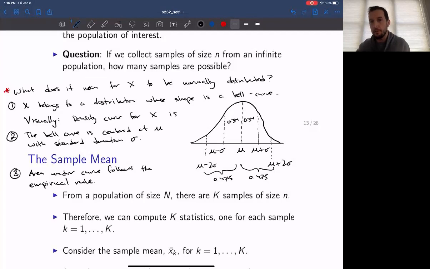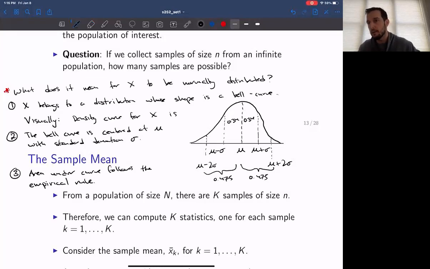Now, something being normally distributed gives us a ton of ability to work with that value. We can find specific areas underneath the curve. So we can find the probability that the random variable is going to be bigger or smaller than certain values, and we would do that using the standard normal table.